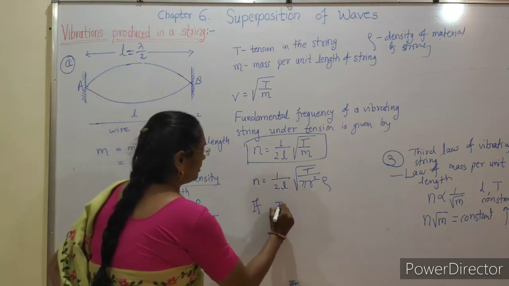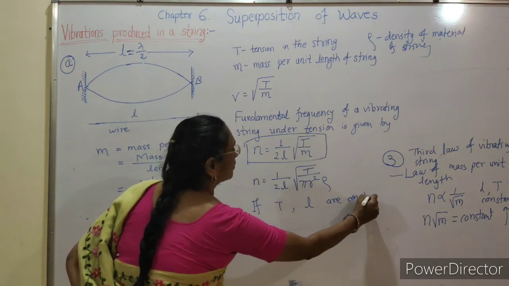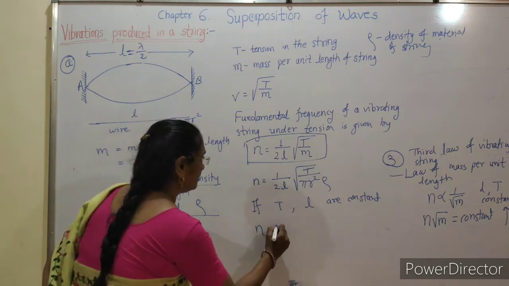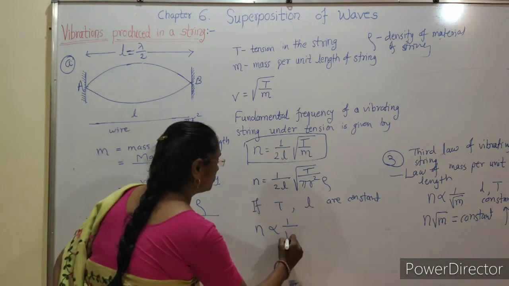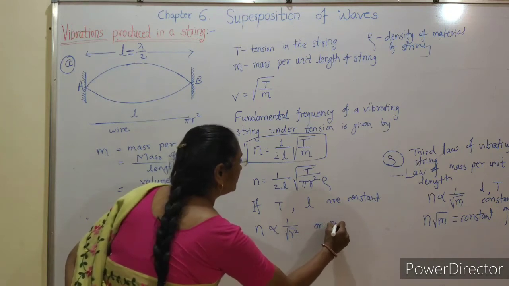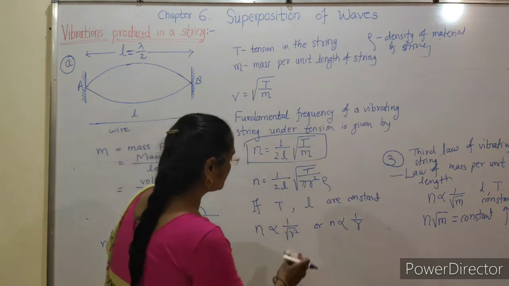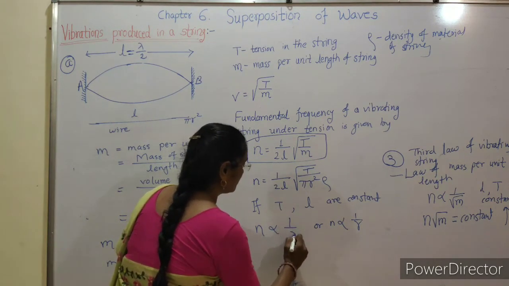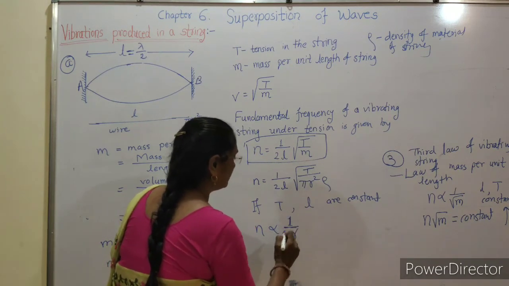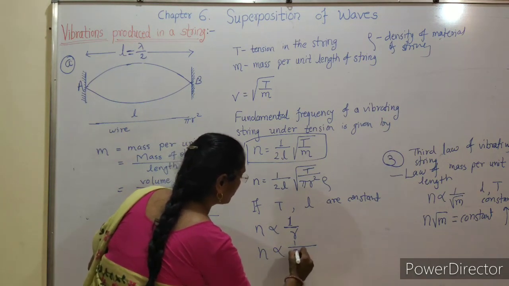If T and L are constant, we can say that N is inversely proportional to 1 upon r square, or rather N is inversely proportional to r, because we can write it like this. Also N is inversely proportional to square root of rho.